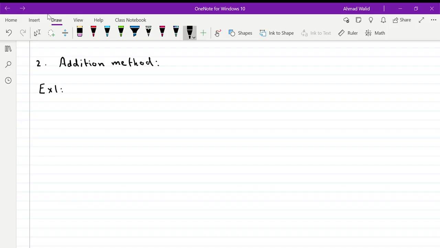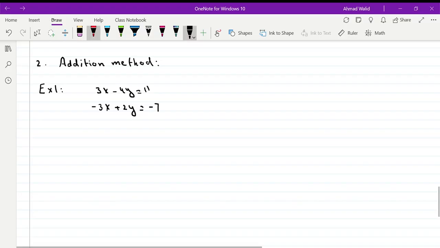For example, they give you a system of linear equations in two variables: 3x minus 4y equals 11 and negative 3x plus 2y equals negative 7, correct? Again, if I name my equations, this is equation number 1 and I'll name this one equation number 2.